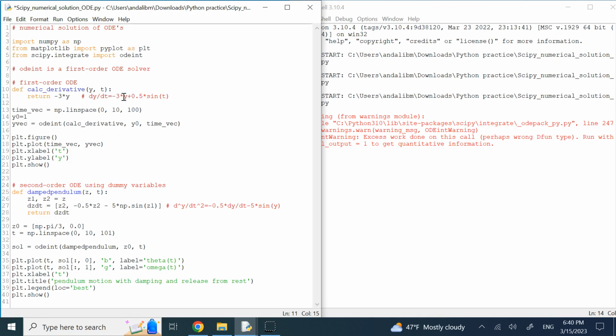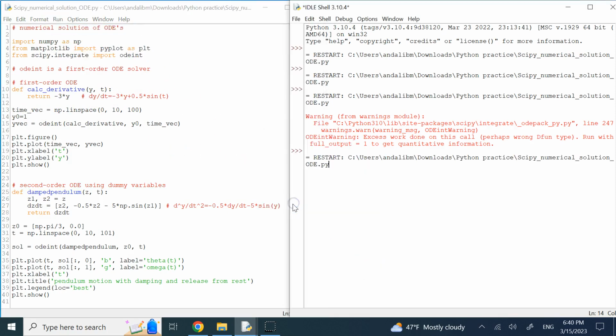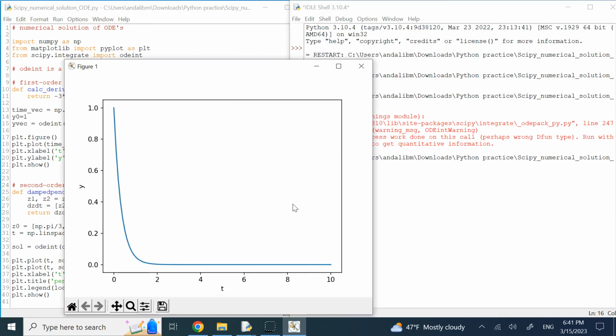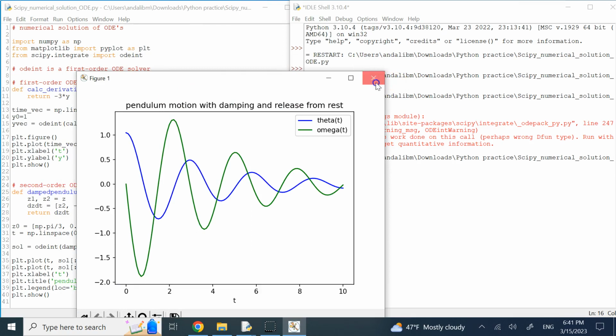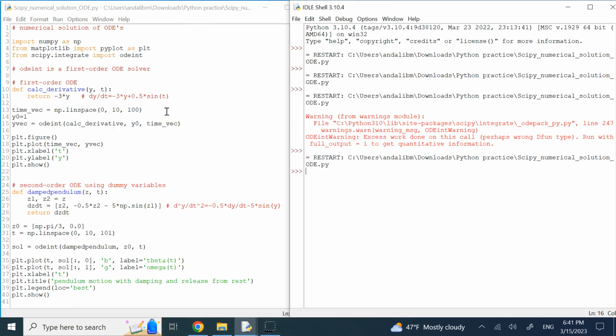If I get rid of the forcing function and it's just y prime equals negative 3y, then the solution is e to the negative 3t times the initial condition, so I should expect it to exponentially go down. And let's see if it does. It should, right? You see that it is exponentially going down, and after so many seconds it's practically zero. So it is clearly doing its job for you over here.